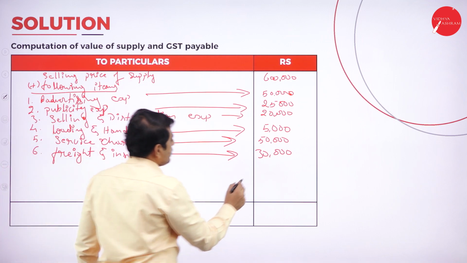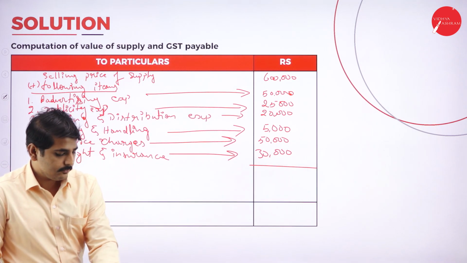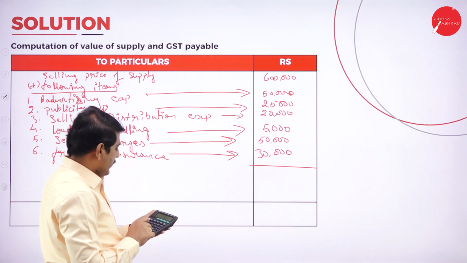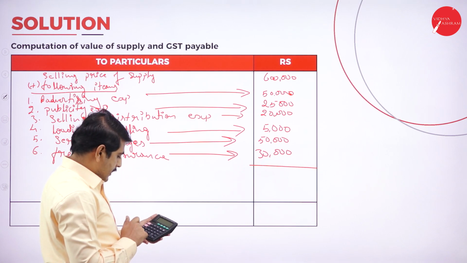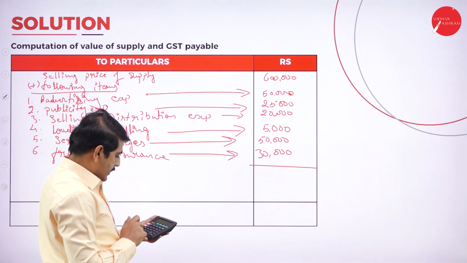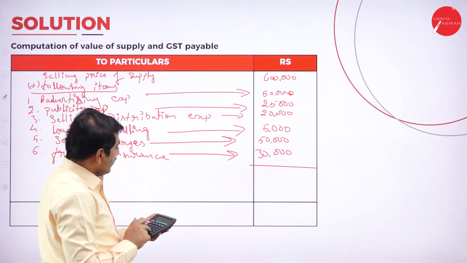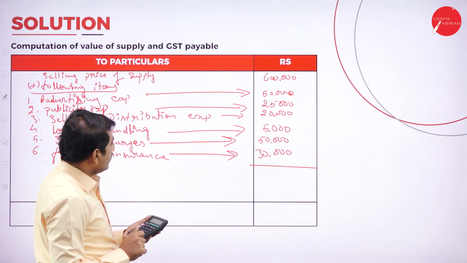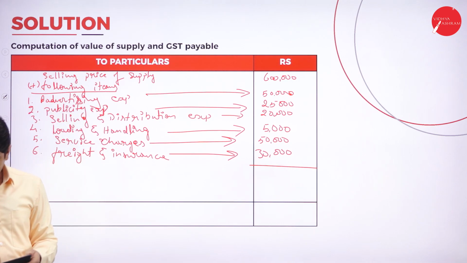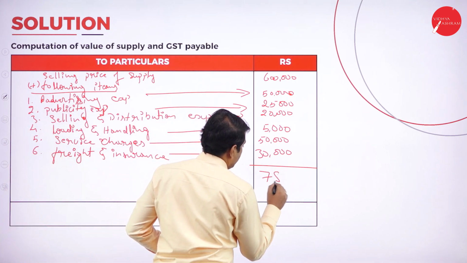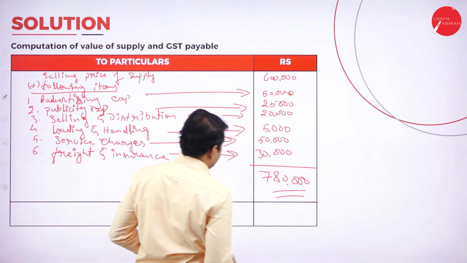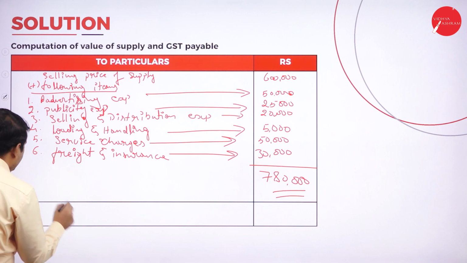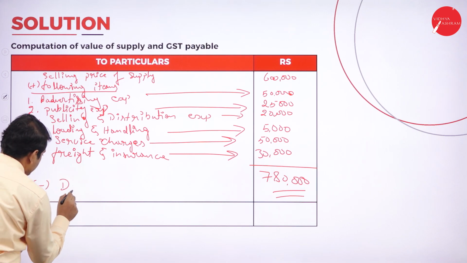Now let's add all the items: 6 lakh plus 50,000 plus 25,000 plus 20,000 plus 5,000 plus 50,000 plus 30,000. So it is 7,80,000.